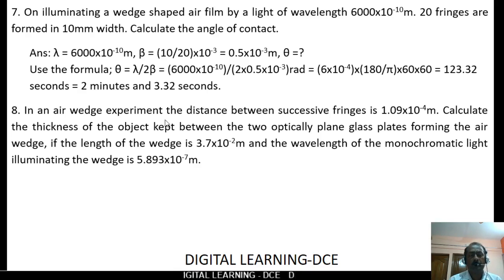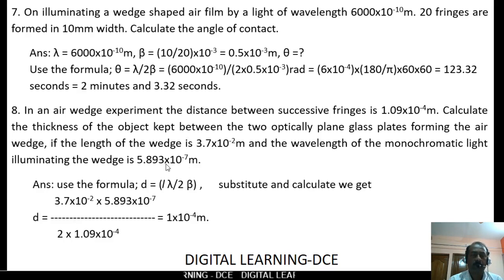On reading this problem, you can easily find the solution. This is based on air wedge. Use the formula D equals L lambda upon 2 beta. Substitute the data: length is 3.7 into 10 raised to minus 2 meter, lambda is 5.893 into 10 to the power of minus 7 meter, upon 2 into beta.